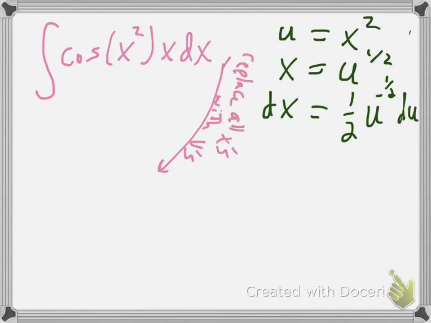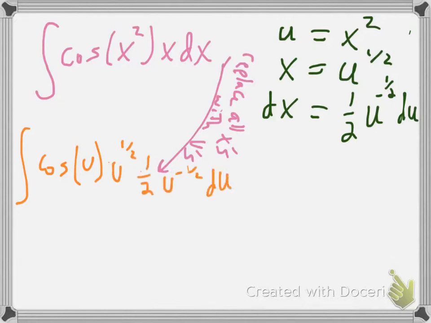So at this stage, we're now going to go back to the original problem and replace all the x's with u's. So let's see what we have here. So instead of cosine of x squared, we know that x squared is really u, so we got the integral of cosine u. And then we also have that x, so that x is now u to the 1/2. So here, remember, x is u to the 1/2, so I replace this x with u to the 1/2.